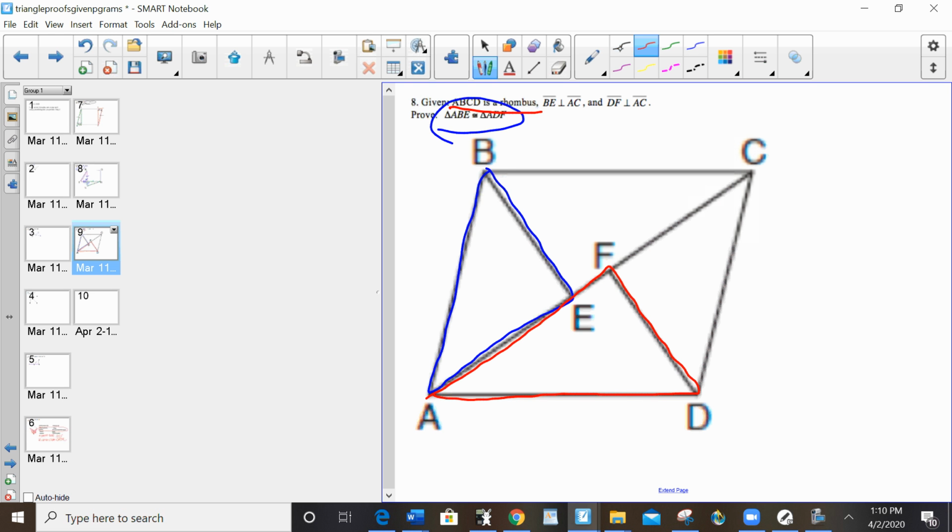So right now, I want you to determine what property or properties of the rhombus are going to help you with those triangles. As a hint, there are two properties of the rhombus that are going to help you with the triangles. Refer back to your page that has all your rhombus properties if you need to. I'll give you about 45 seconds.